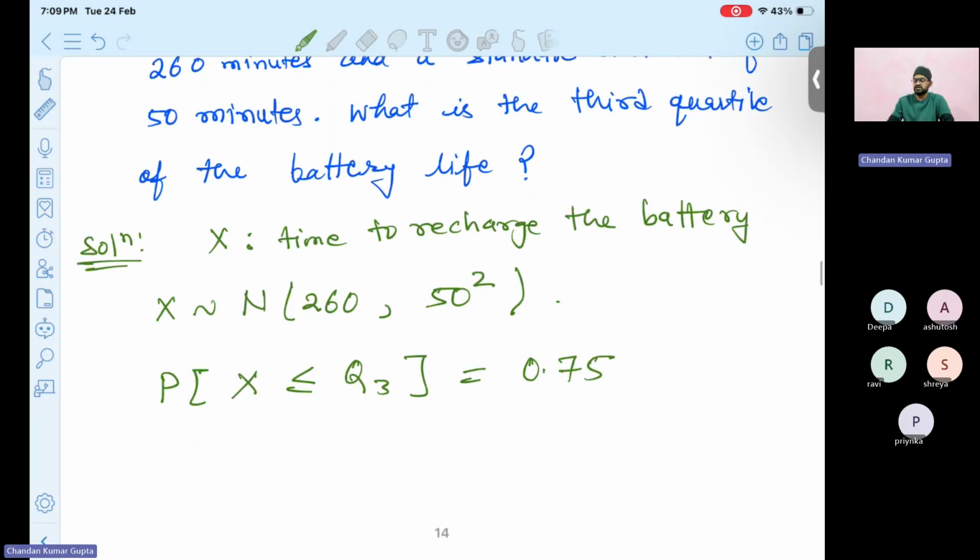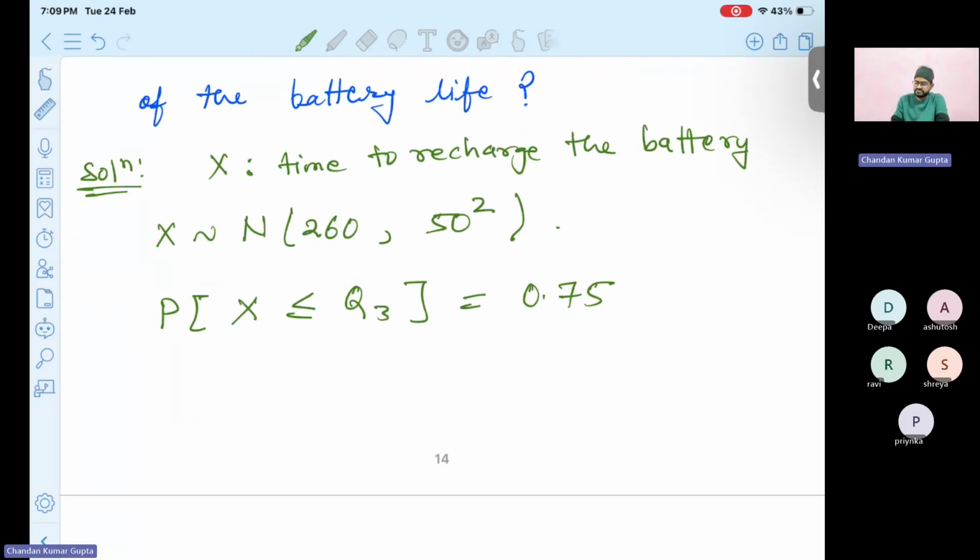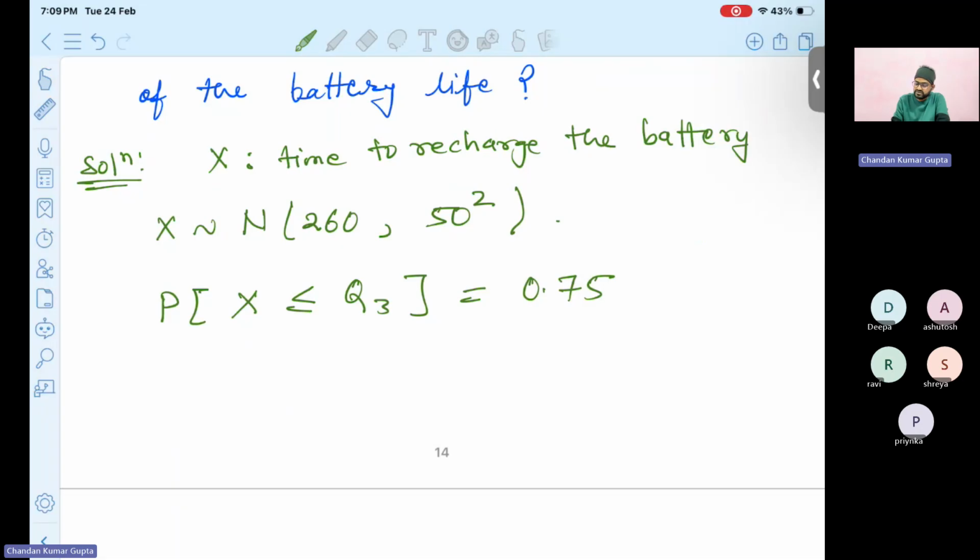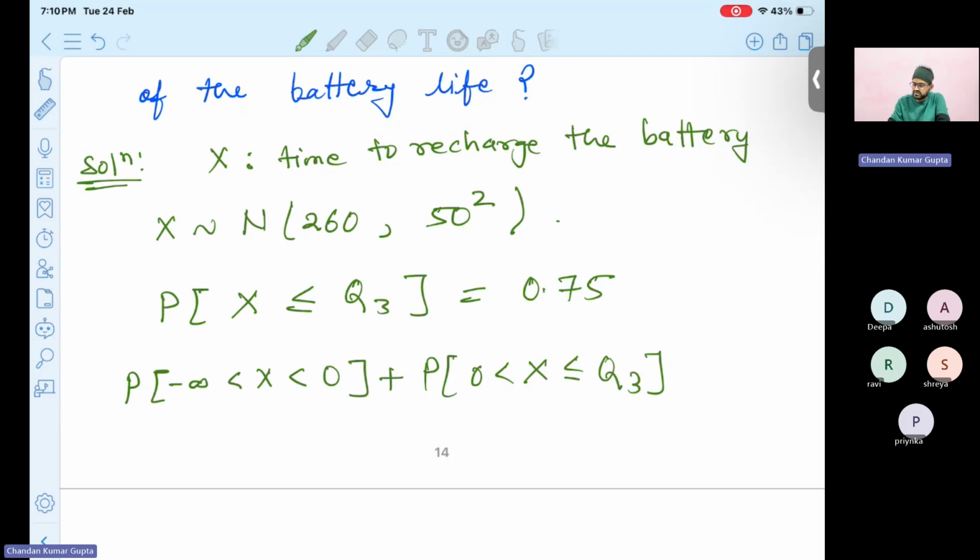So this third quartile can be written like this: minus infinity to 0, plus 0 to Q3, equal to 0.75.